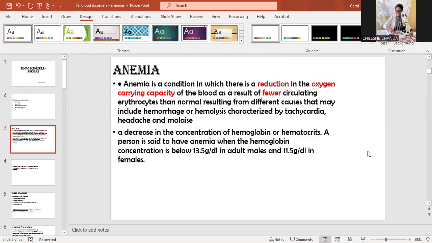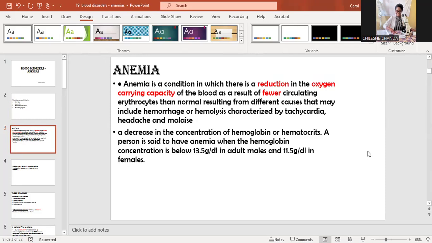Every red blood cell has a component in it known as hemoglobin. Hemoglobin is the one responsible for attaching oxygen. Once oxygen is attached to it, these red blood cells are then circulated to all body parts. Now, once there is a reduction in either these red blood cells or the hemoglobin in the red blood cells, we are going to call this anemia.